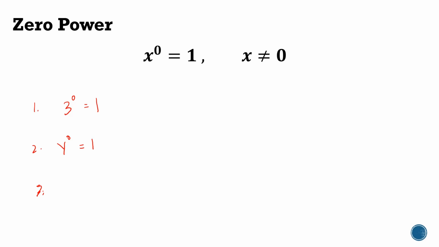But let's see, we have an expression, 2x plus 5 raised to 0, that's 1. And let's see another one, z raised to 0, that's 1. 1/2 raised to 0, that's 1.